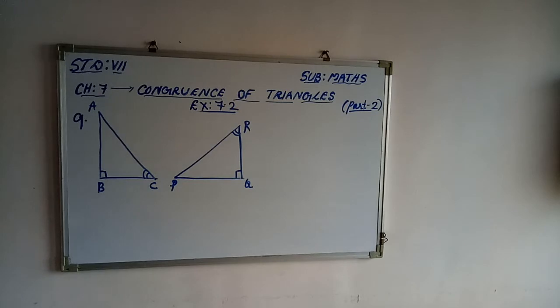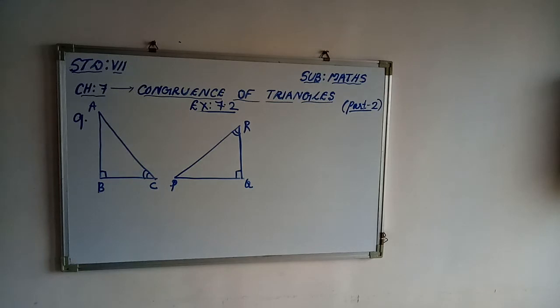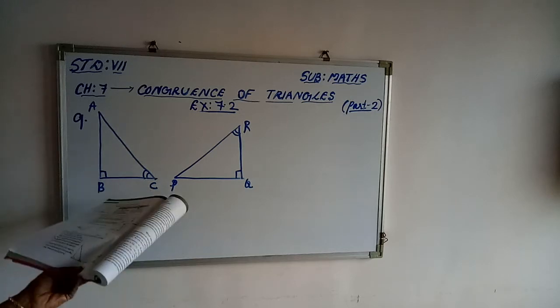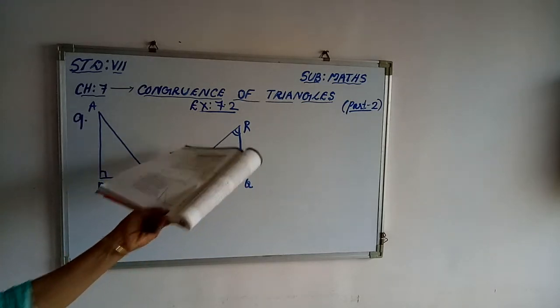Now question 9. What is question 9? If triangle ABC and triangle PQR are to be congruent, name one additional pair of corresponding parts. What criterion did you use? So, 2 triangles are given, triangle ABC and triangle PQR.